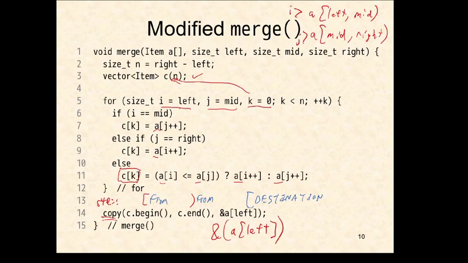So if I started out with an array of size 8 and I separated it into 2 regions of size 4, when I do the merge, I put it back into the original array of size 8. So we're safe on our array size there. The destination is the right size.